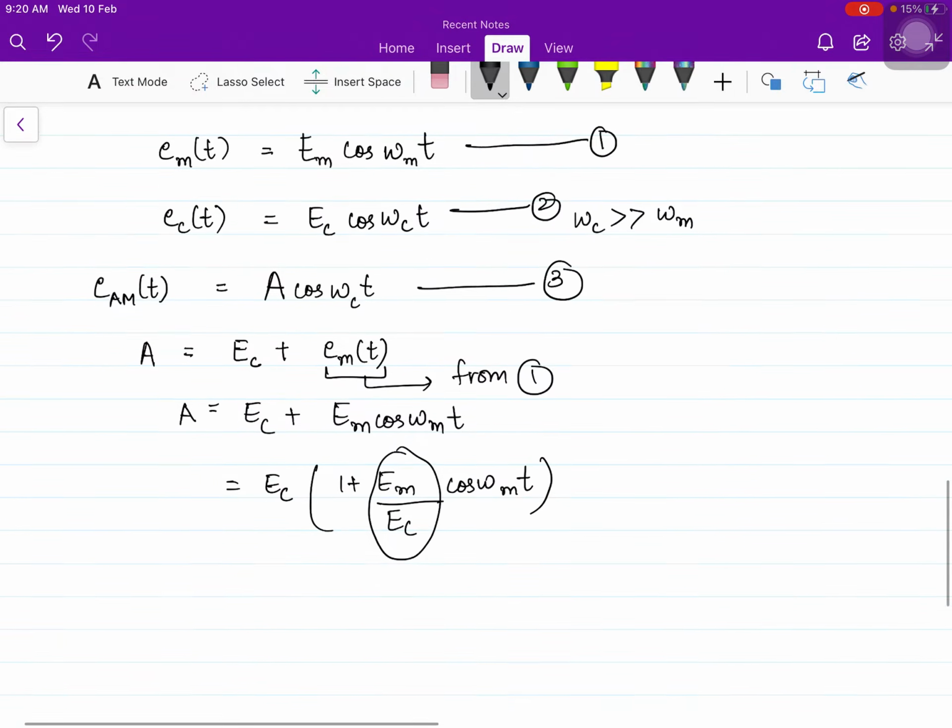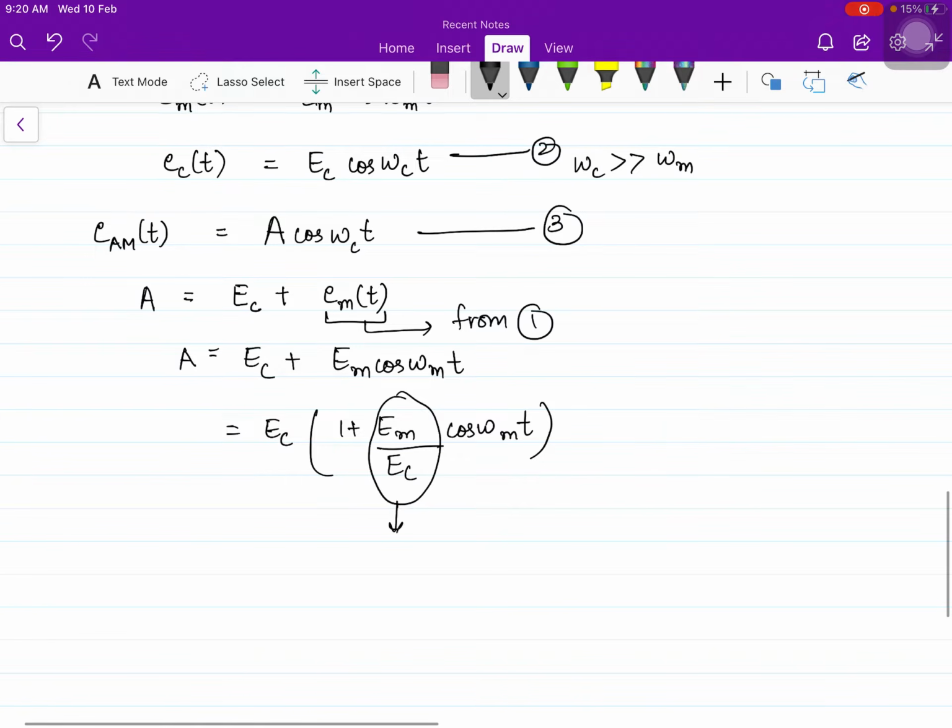Now this ratio, what is this ratio? This ratio is modulation index, and it is always represented by m. What is the significance of this modulation index? The significance of this modulation index is that it will tell you up to what extent the wave has been modulated.